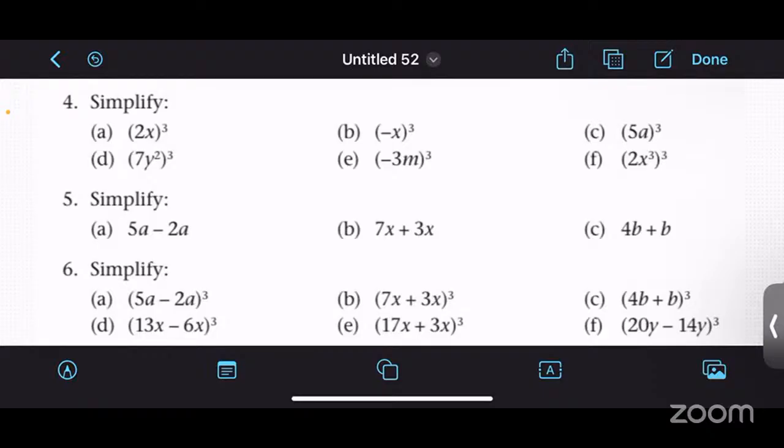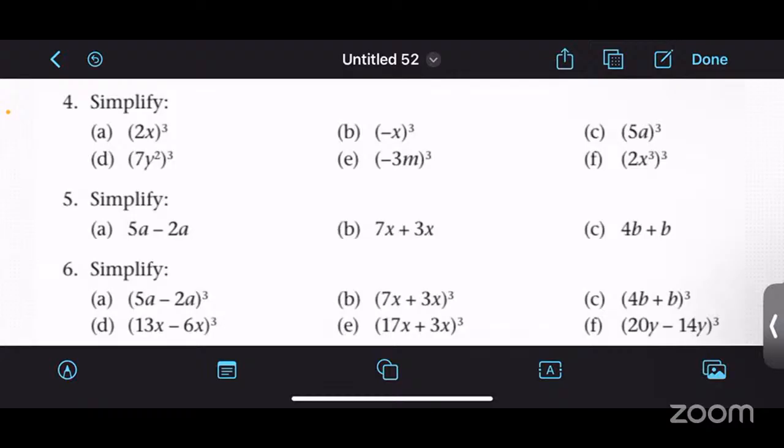It's going to be 2 to the power of 3, and then x to the power of 1 times 3, because the x has an invisible exponent of 1.